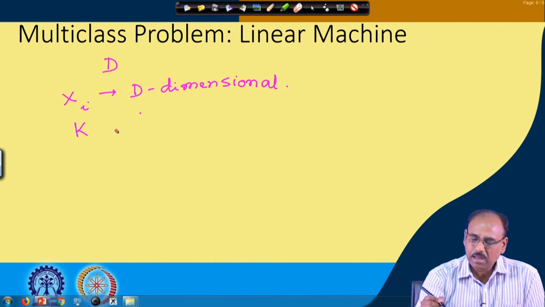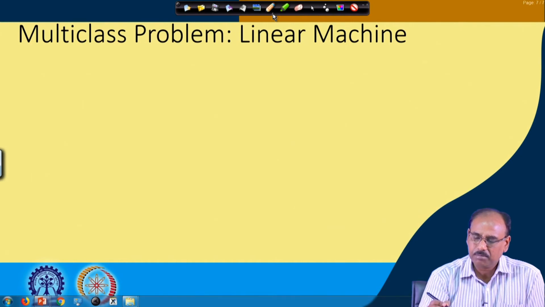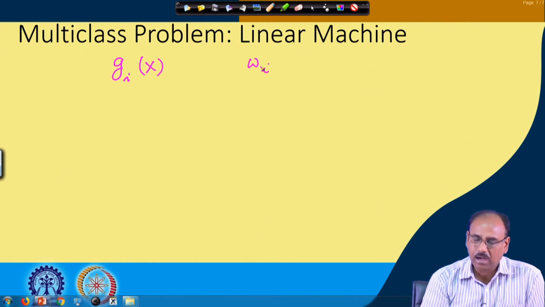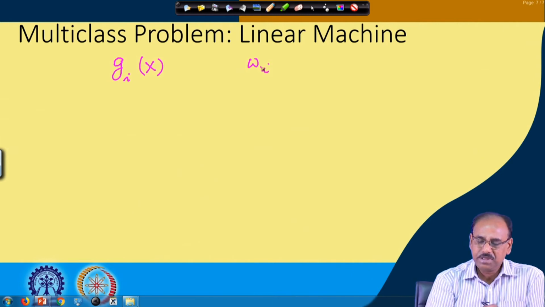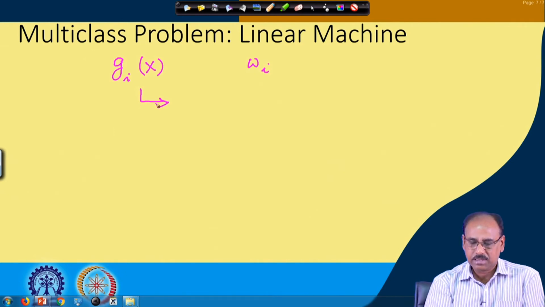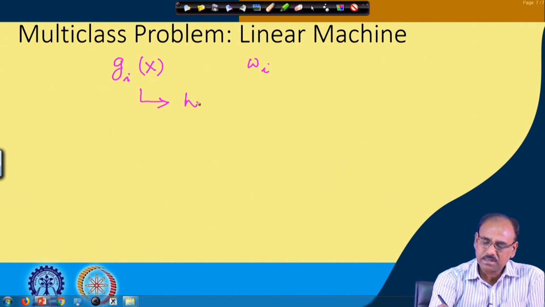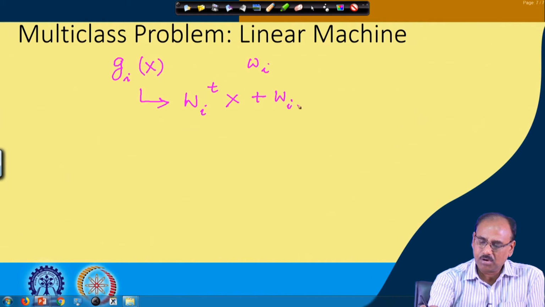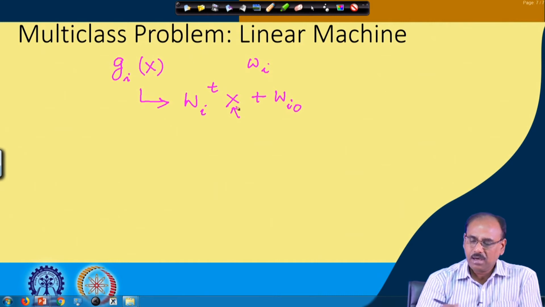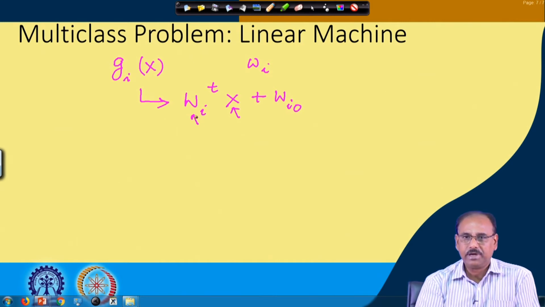So, using this, if I go for the same discriminant function, we had the discriminant function of the form g I x for category omega I, the ith category, and as we are assuming that our discriminant functions are linear, this g I x is nothing but of the form w I transpose x plus w I naught, where this x is a d dimensional vector, w I is also a d dimensional vector.